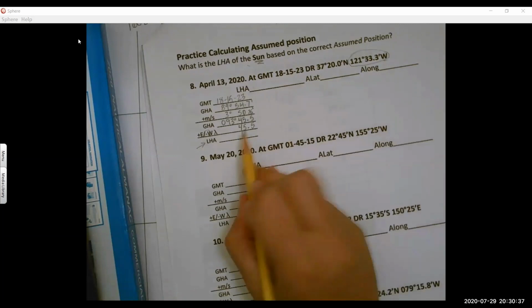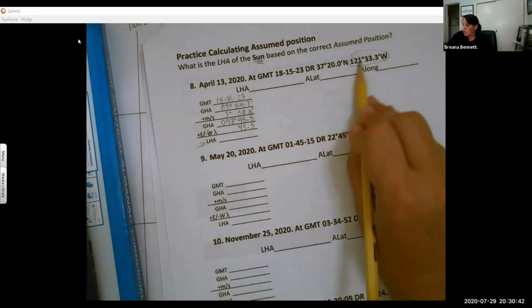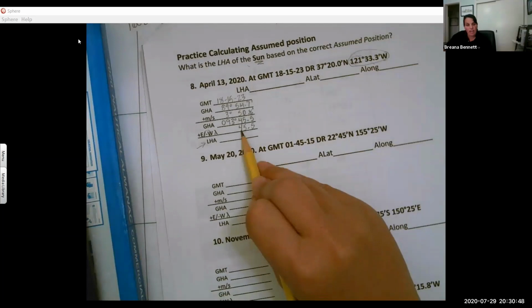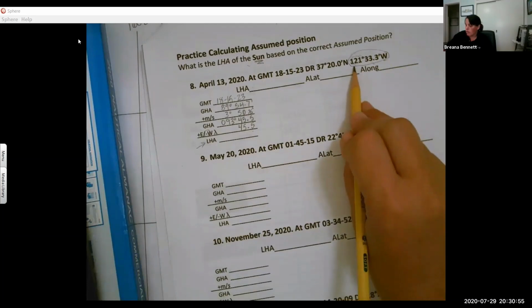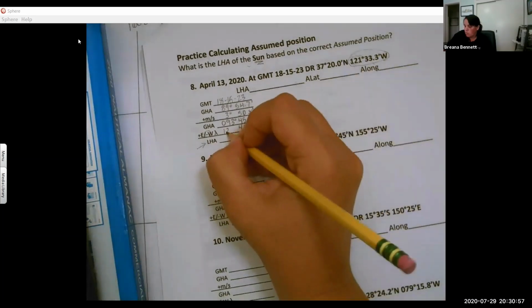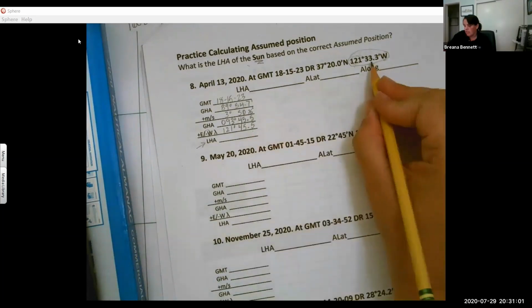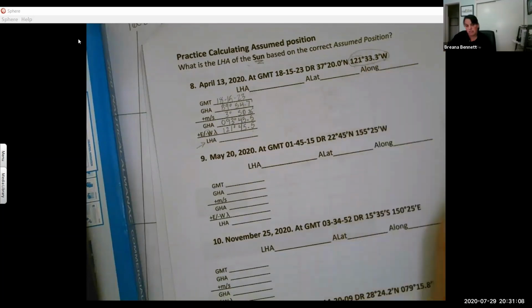Now I need to decide what is the degree part of my longitude. What is closest to ending in 45.5? In this case, it would be 121 degrees, 45.5, which is closest to our 33.3.